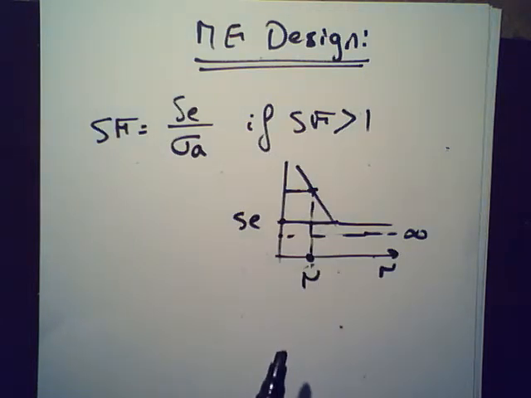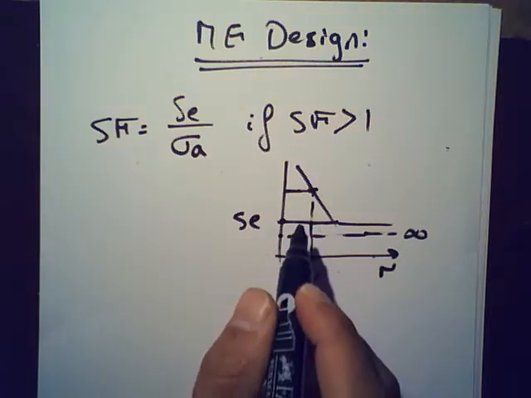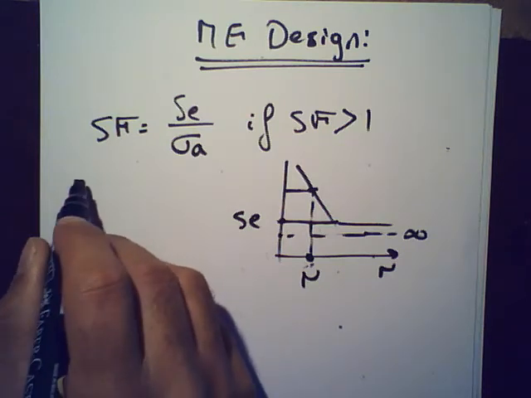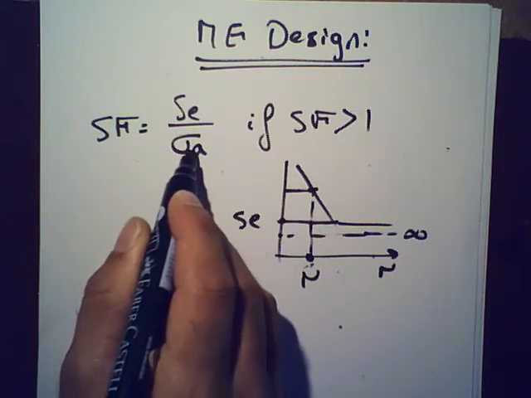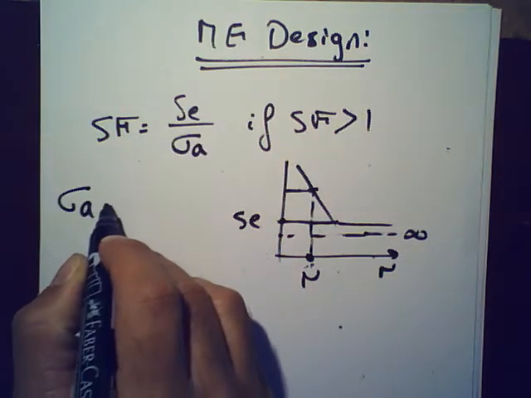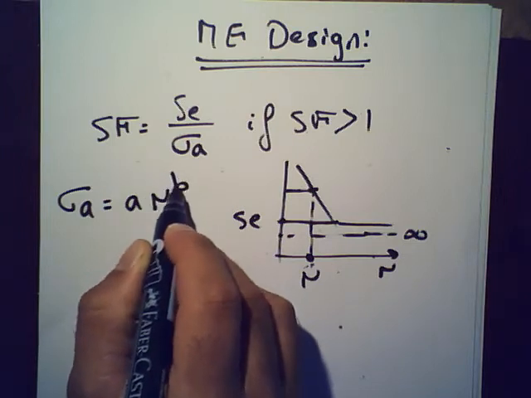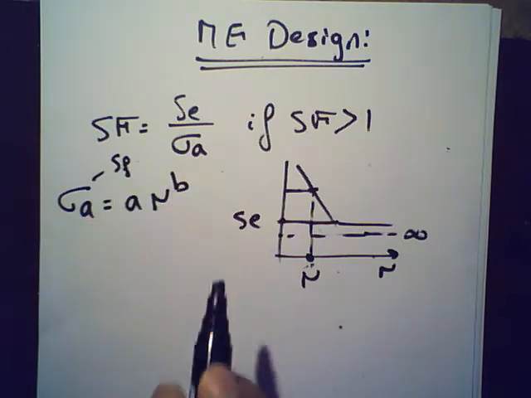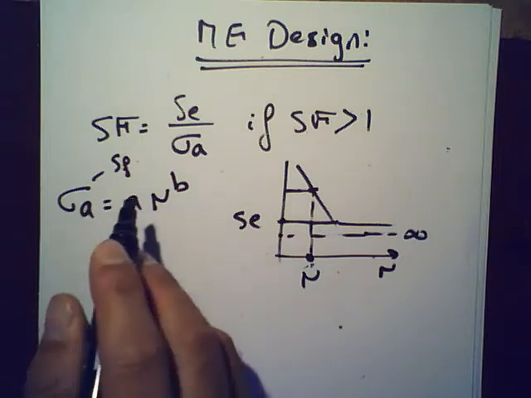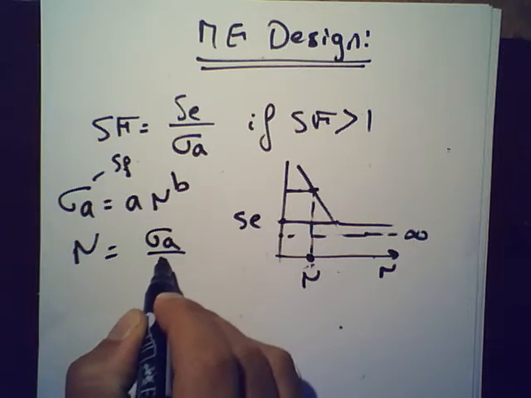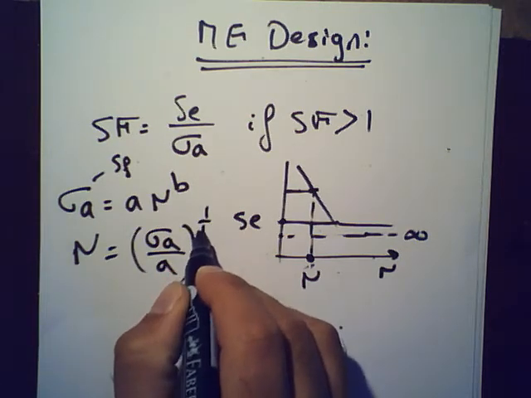In that case sigma A is greater than SE, and we said sigma A was equal to A n to the power B. We made this equal to your fatigue strength, because it's purely cyclic. In that case n is equal to sigma A over A, and the whole thing is to the power 1 over B.